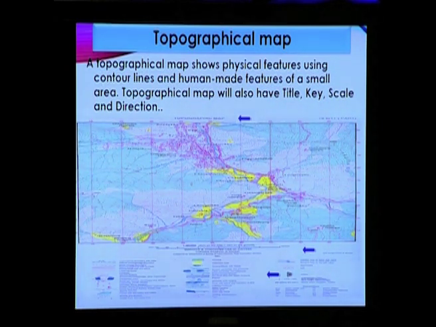So they are different modes of transportation, different kinds of roads. Then next we have the white color. White color indicates barren land, and the blue color indicates rivers and streams. Now if you look carefully, you see many small brown lines. These small brown lines are called contour lines.